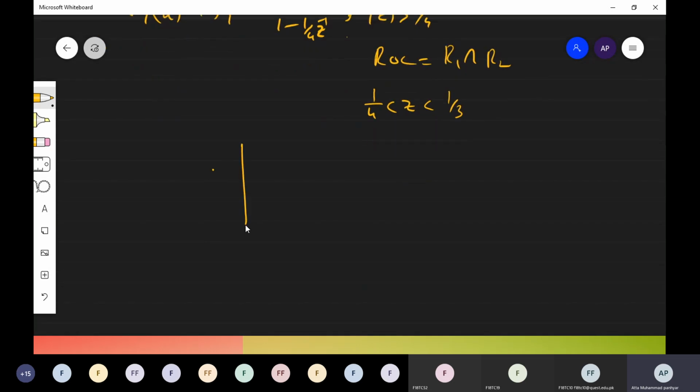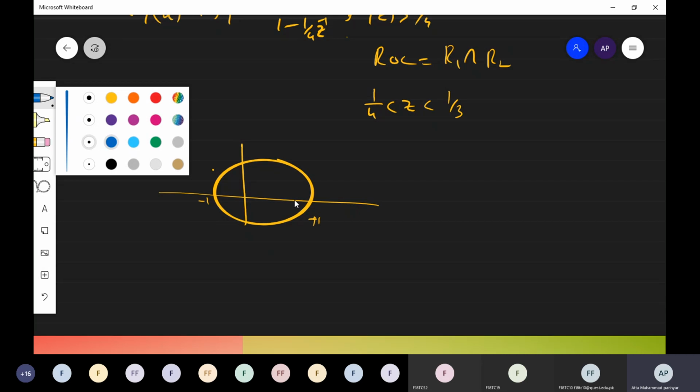Okay, so if I draw a circle here, I assume that this is minus 1, this is plus 1, right? And now we have two sequences. First, say the region of convergence must be less than 1/3.